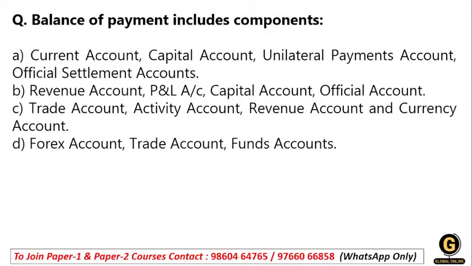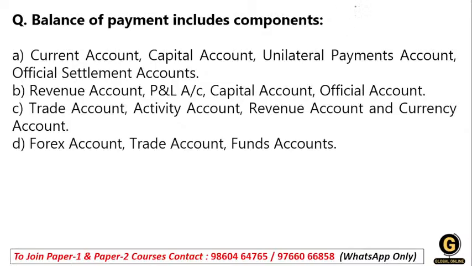Now the next one: balance of payments includes components. BOP records all the economic transactions between the residents of the country and the rest of the world. So what are the key components of the BOP?